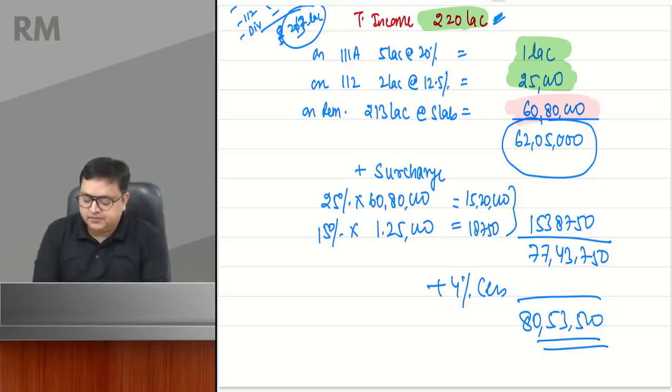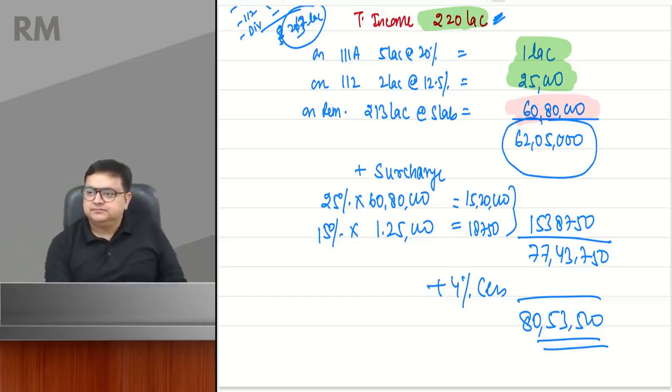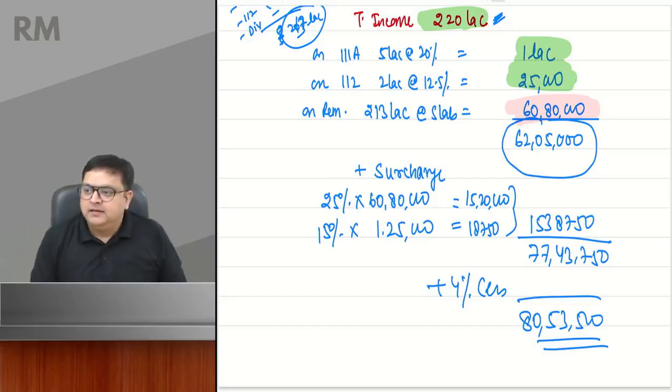Understood? 80, 53, 500. Correct. Correct, Aditya. Done.